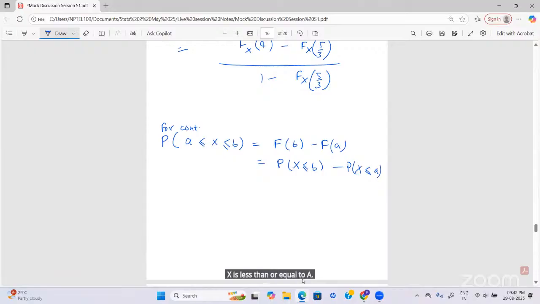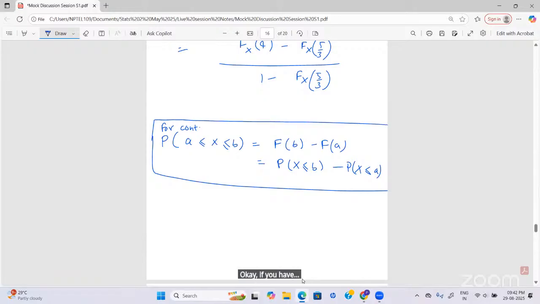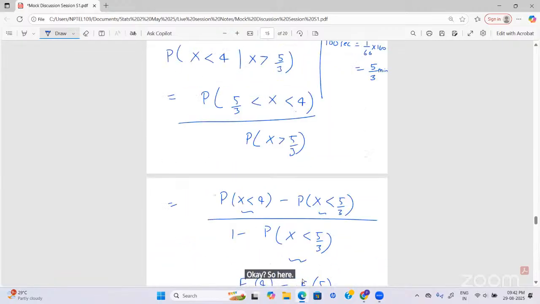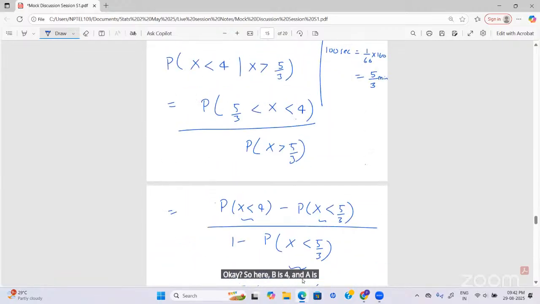So this is the property. If you studied the lectures properly, you would have seen this. Here B is 4 and A is 5 by 3.